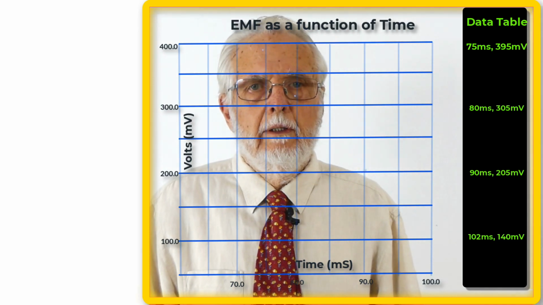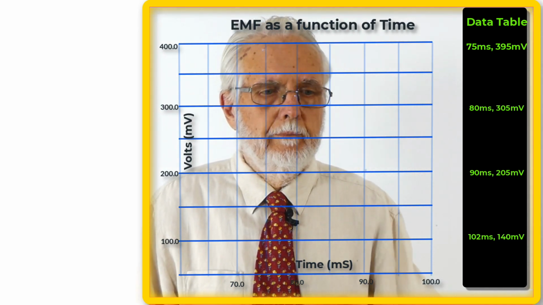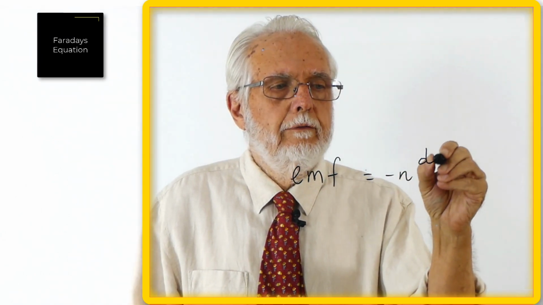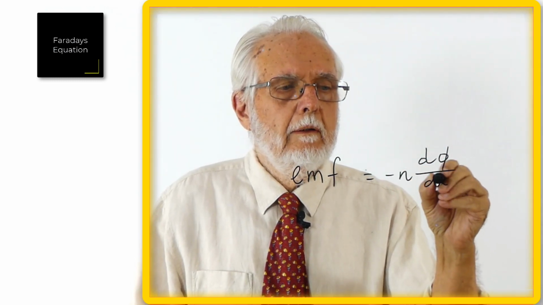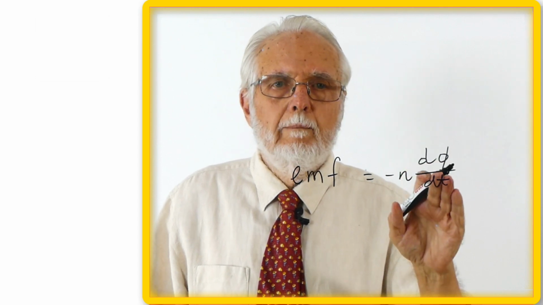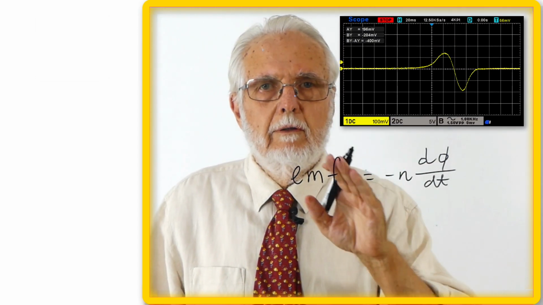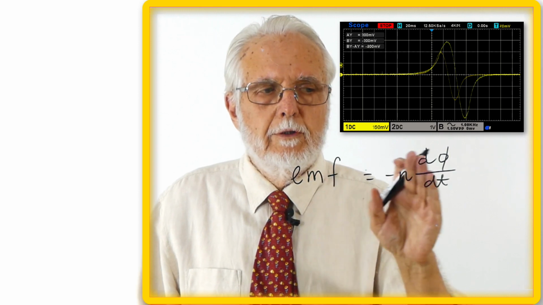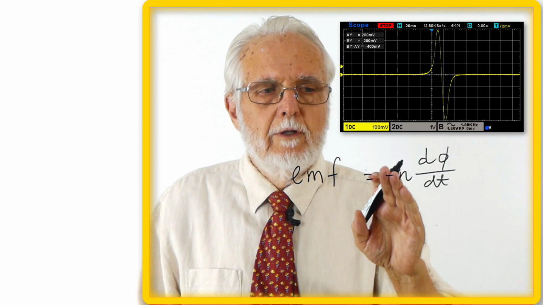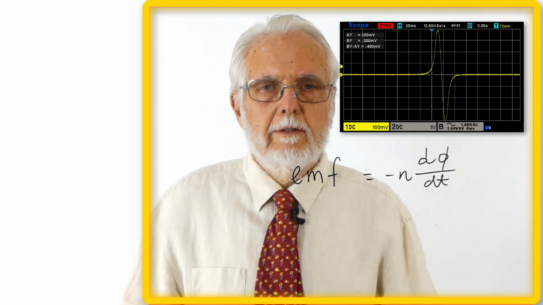This is embodied in Faraday's equation. We have EMF is equal to negative n d phi dt. And you can see that the smaller dt becomes, the greater the voltage becomes, because dt is on the bottom line of that equation. This leaves us just with a negative sign to discuss.